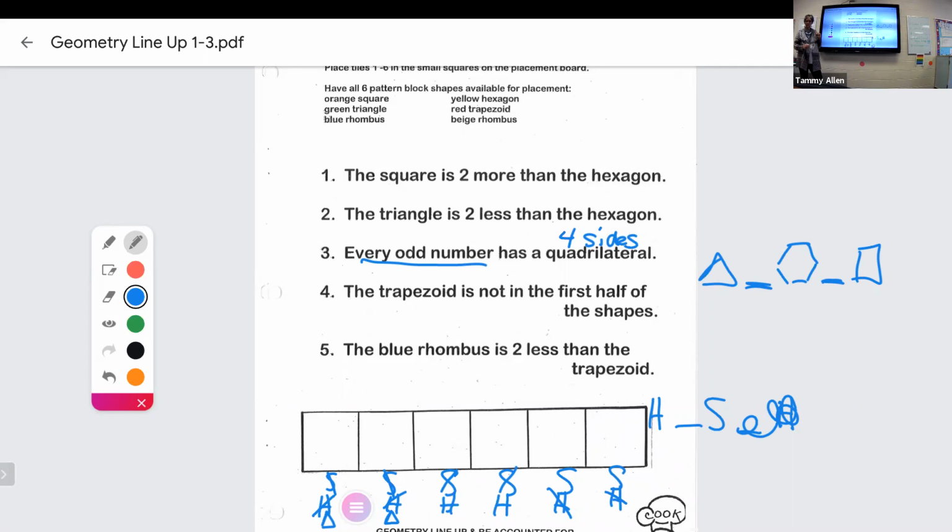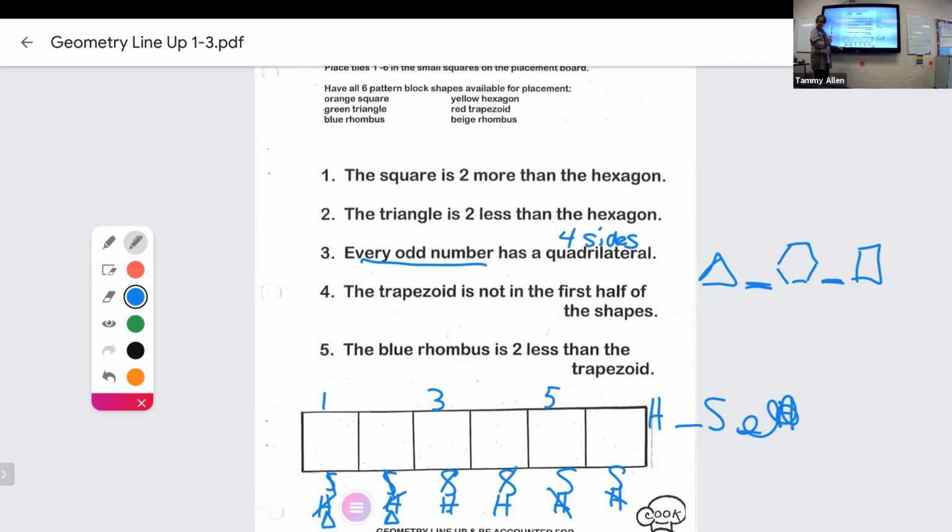Caitlin. 1, 3, and 5. This is 1, this is 3, this is 5. This has to have a quadrilateral, a 4-sided figure. What does that mean? The triangle can't be there.